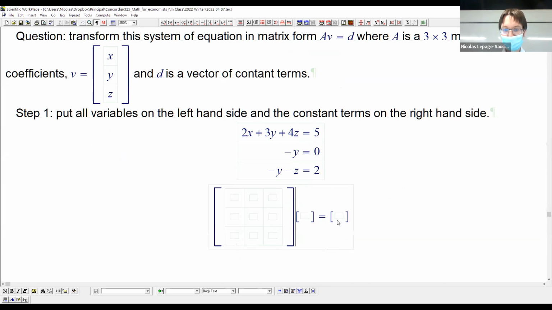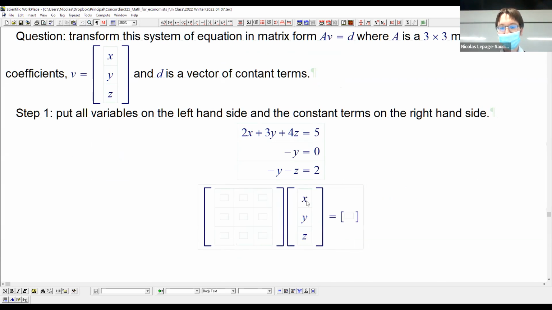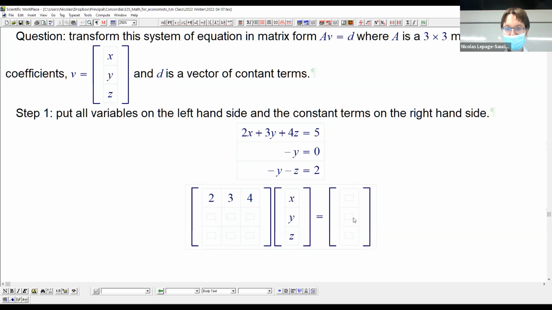Okay, so I have x, y, z, and what multiplies x is 2. What multiplies y is 3, and z is 4, and this is equal to 5, right? Then what multiplies x? There's no x here, so it's 0. y is minus 1.